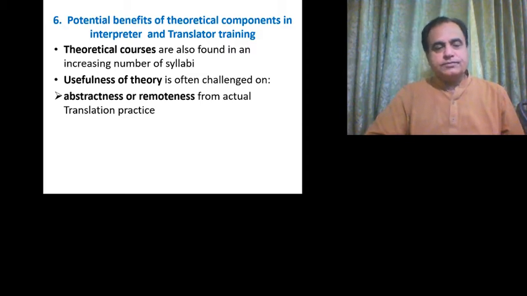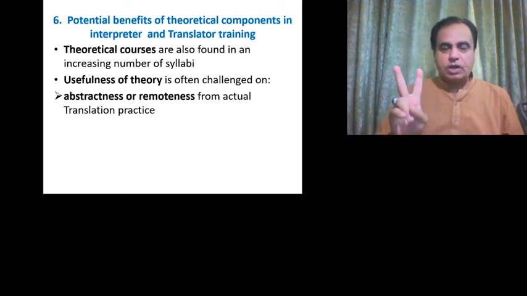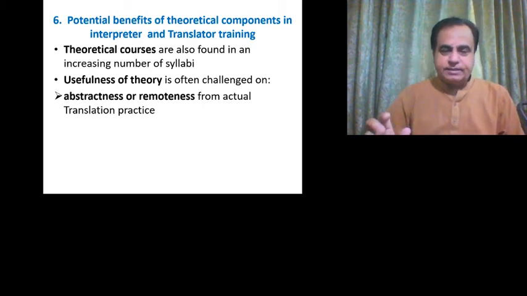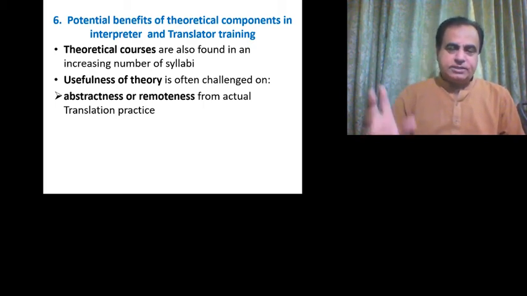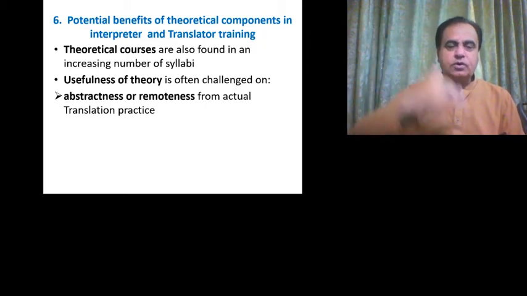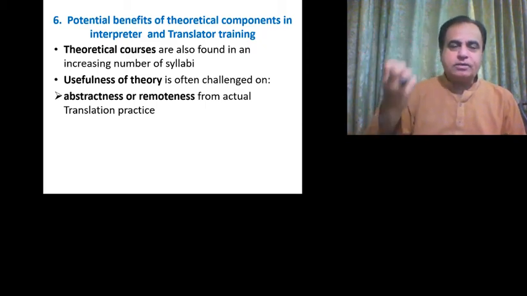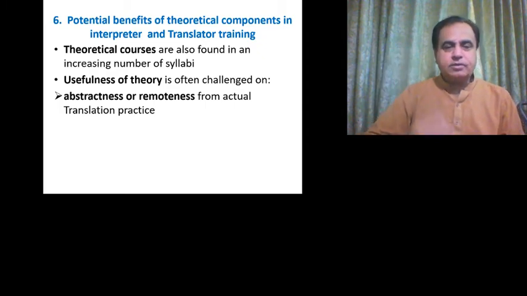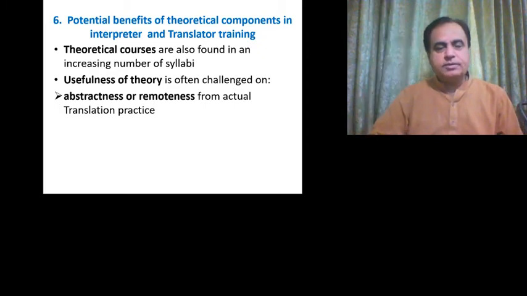Of course, theory is always very useful, but the usefulness of theory is often challenged on two grounds: that theories are abstract, just like philosophies, and beyond the level of the students, so they cannot be grasped easily.